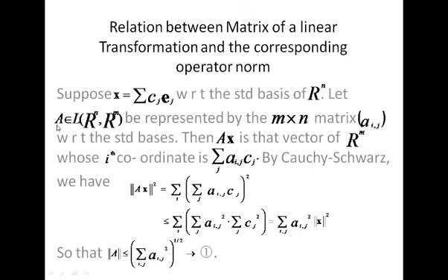Then the matrix of the linear transformation A plus B will be precisely the matrix Aij plus Bij, which is equal to matrix of A plus matrix of B. Similarly, if small c is a scalar and A is a linear transformation from Rn to Rm, then look at the linear transformation cA from Rn to Rm. It will be represented by the M/N matrix cAij.